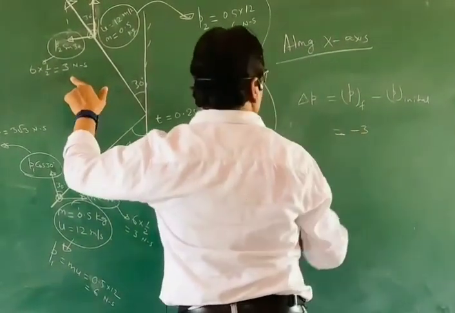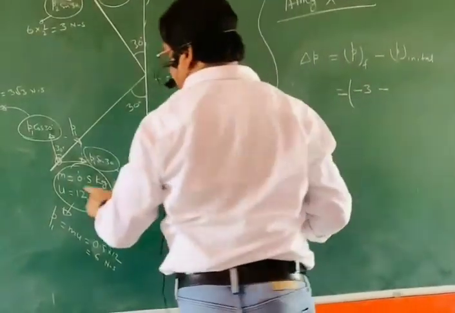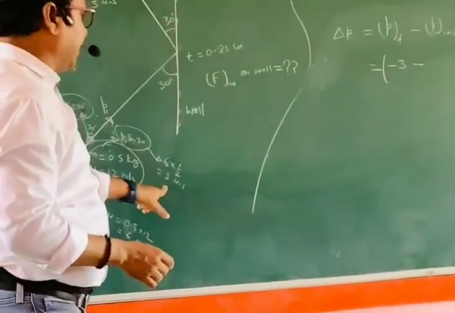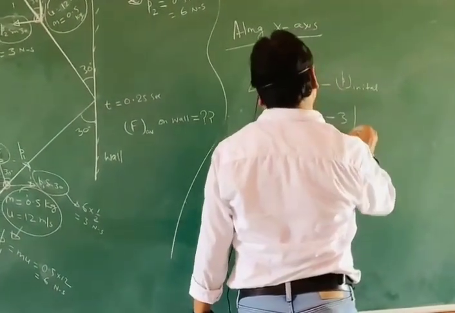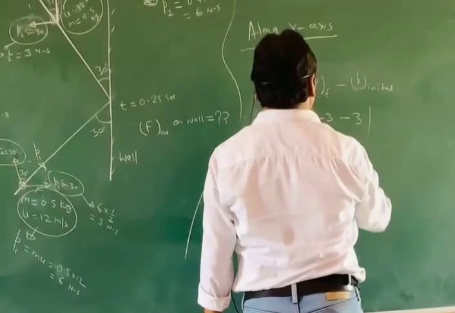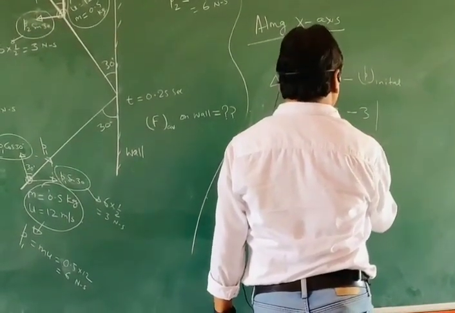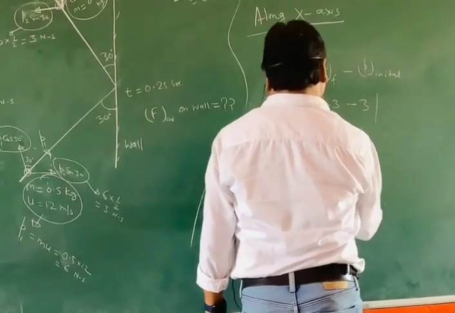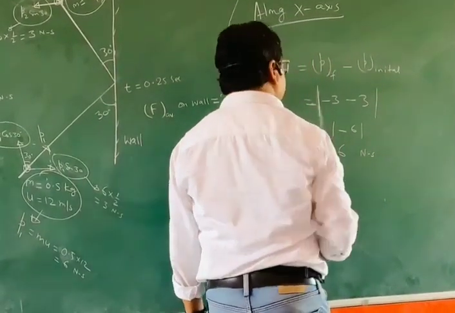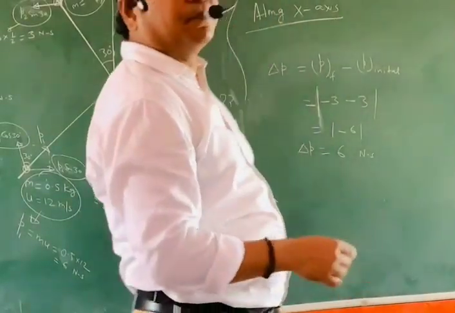That is minus 3. And minus of, initially it is 3 in positive direction. So how much is it? Right, minus 6, mod, that is 6 Newton second. So change in momentum along x-axis is 6. Okay, any problem?